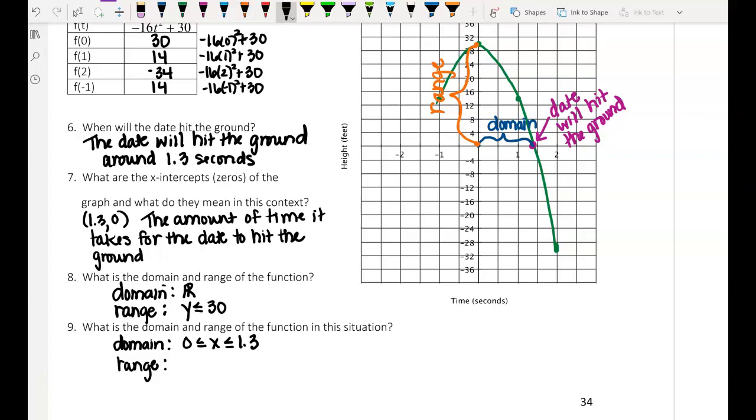Again, for this situation, it would be 0 is less than or equal to y is less than or equal to 30. So the domain and range of the function will possibly be different than the domain and range of the situation. We have to make sure that we are doing things in context of the problem.